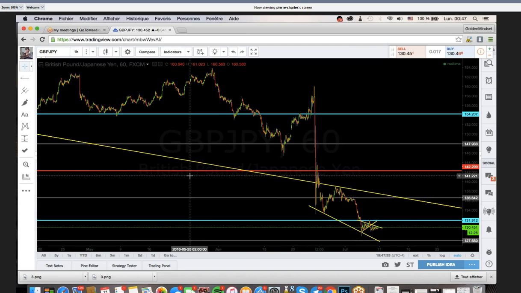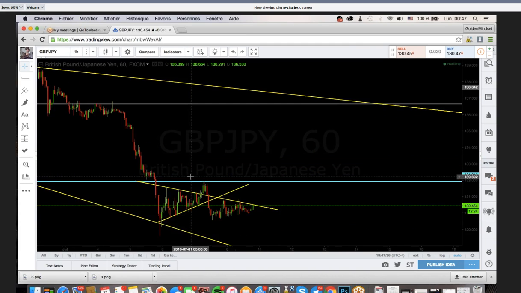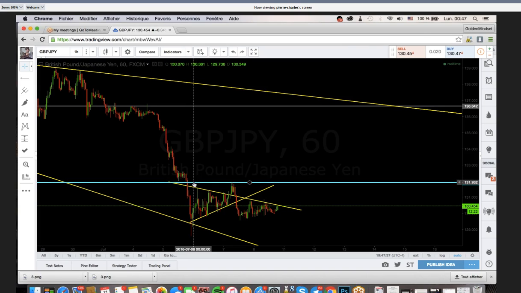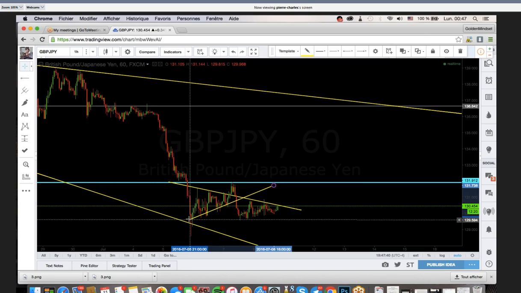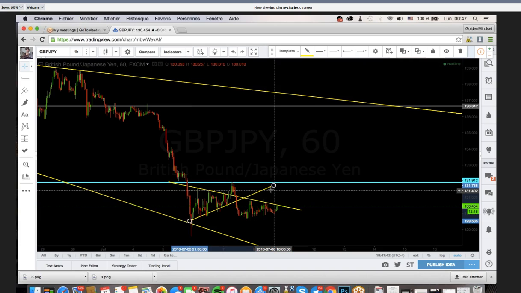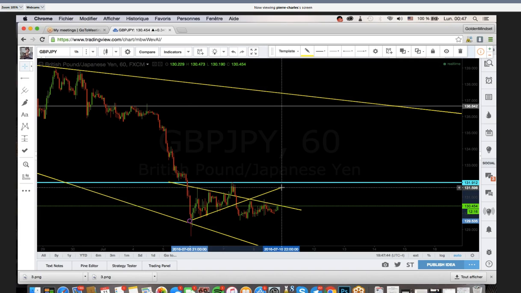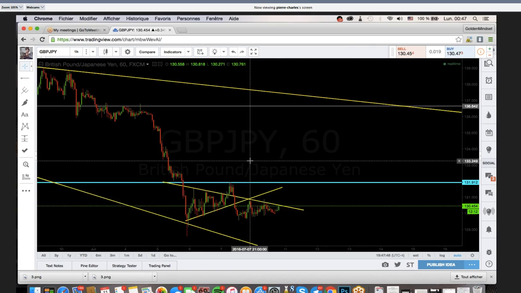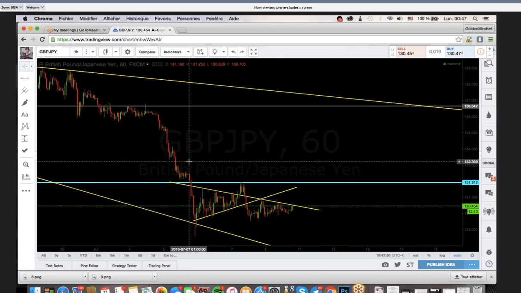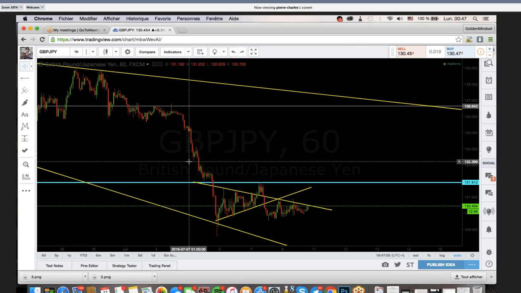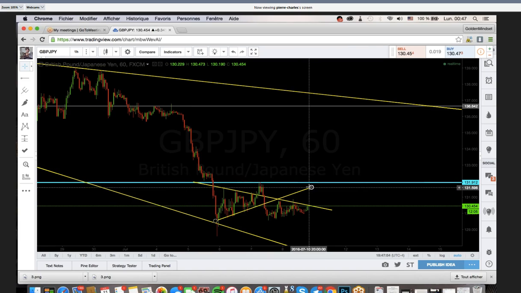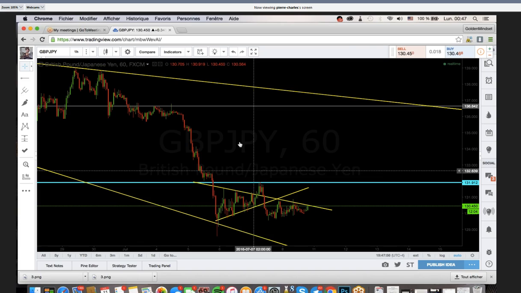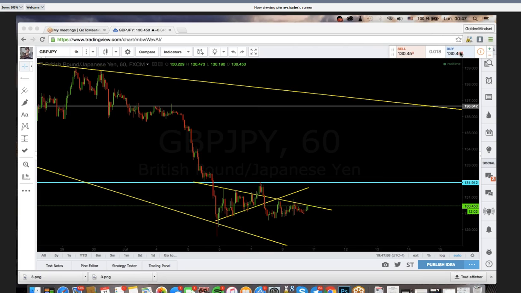Man, I remember that. A few hours before you noticed that, I showed my students the triangle forming, and naturally, it only took 15 hours for it to break. But you guys can't go wrong with your entries if you're using the 1 minute, as long as you understand which support and resistances from way back left are actually important.